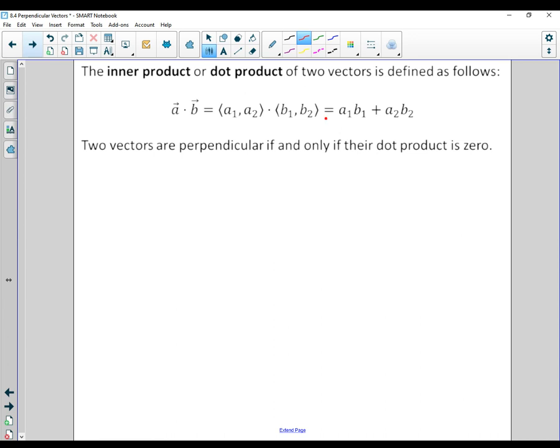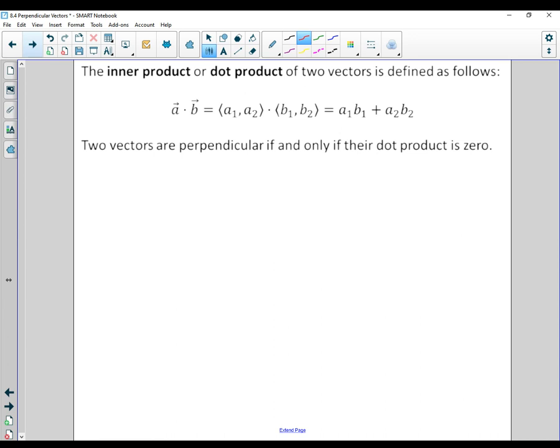Does it have the little arrow? No, that ain't no vector. That's a scalar. That's just a number. So when you multiply two of them, you just get a number back out.